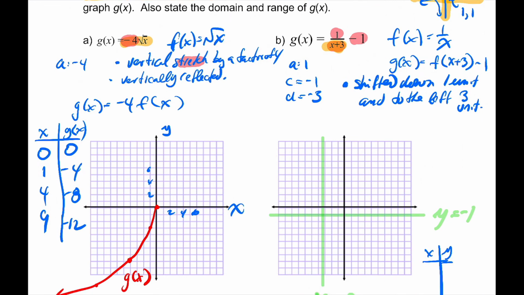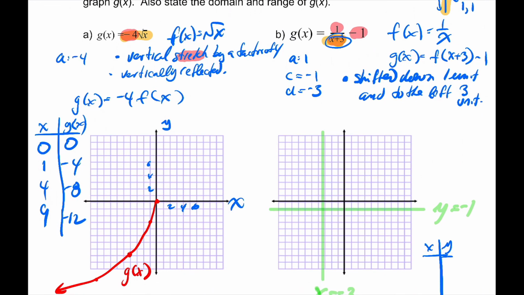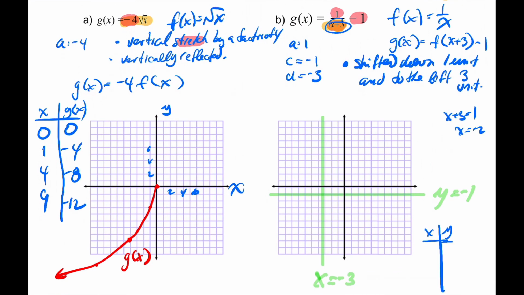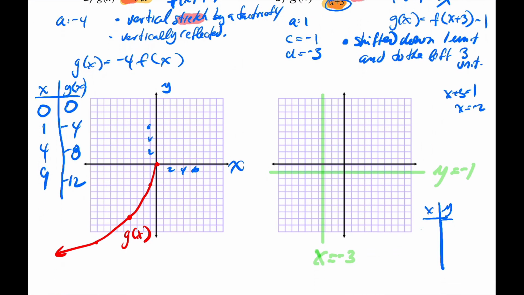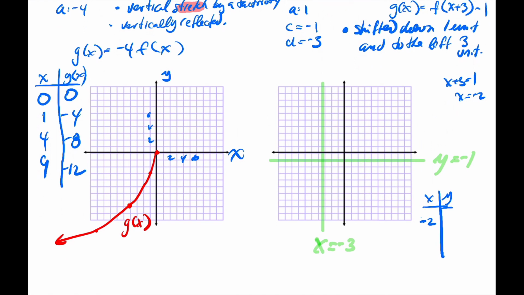How do I get the denominator to be 1 in this case? We're looking at x plus 3 is equal to 1, so really x is going to be negative 2. So we're going to start at negative 2. And then we're also going to go, in this case, to the right, incrementing by 1, so that's going to be negative 1. And we'll go to the left, in other words, towards the asymptote of x equals minus 3, by half. So that's going to be negative 2.5.